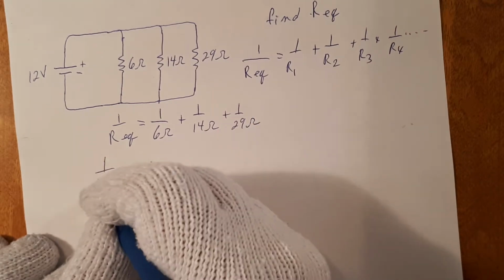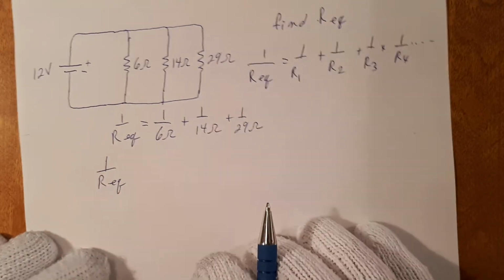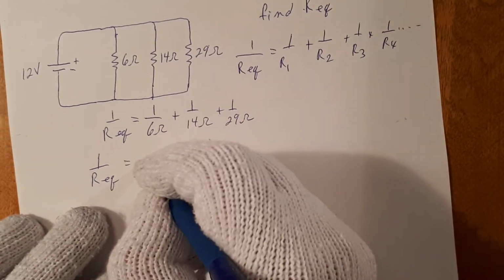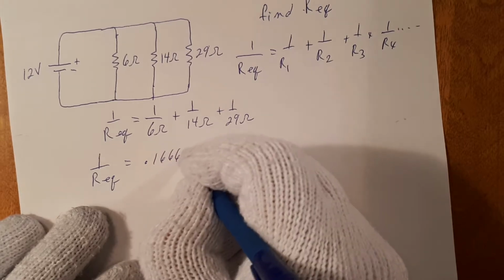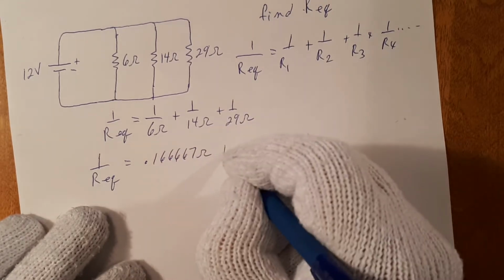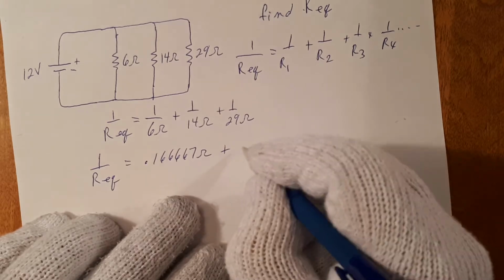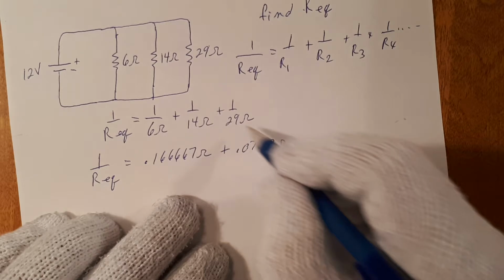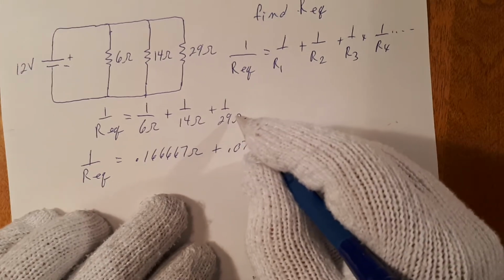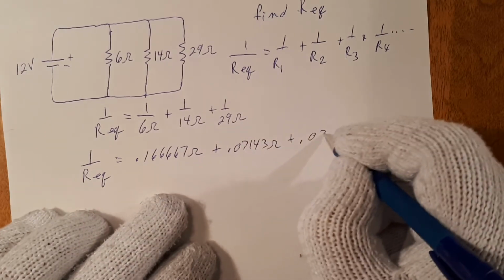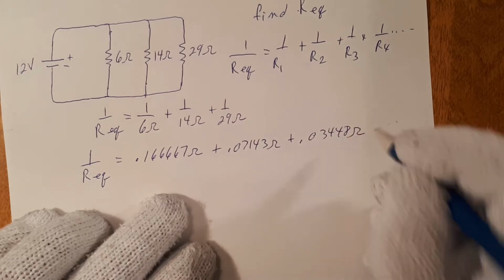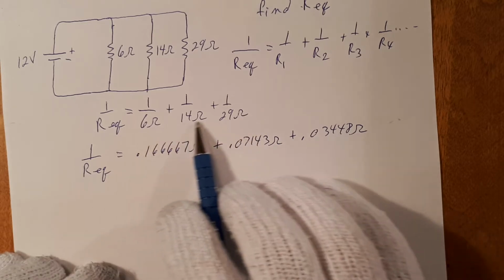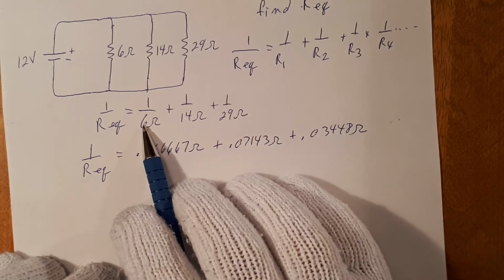So 1 divided by the equivalent resistance, which we're looking for, is equal to 1 divided by 6, 0.16667 repeated ohms, plus 1 divided by 14 is equal to 0.07143 ohms, plus 1 divided by 29, 0.03448 ohms. Or you can put all of these in your calculator, following the proper rules of BEDMAS, and do that addition.